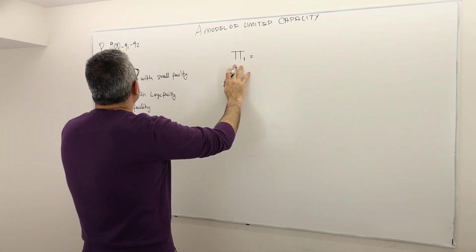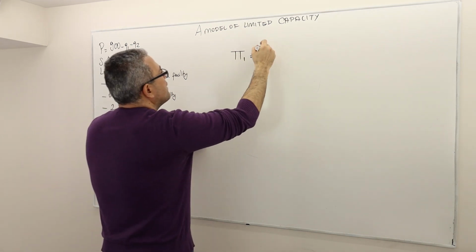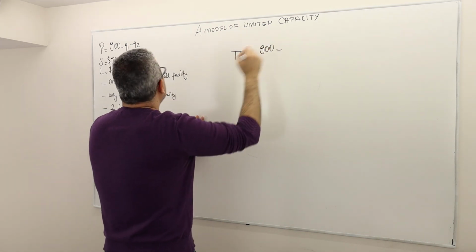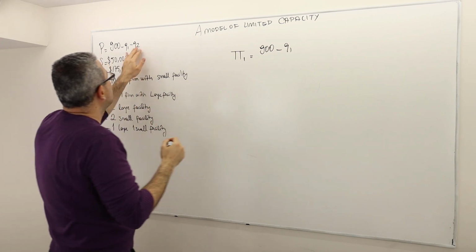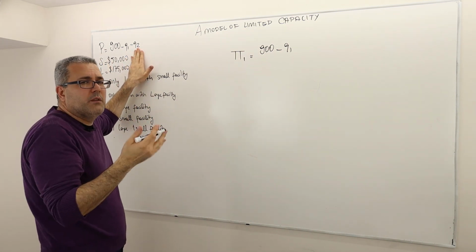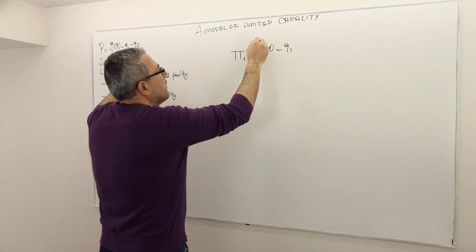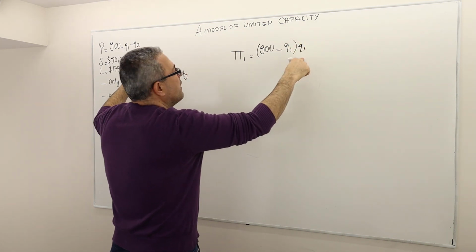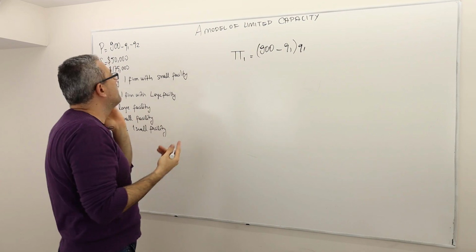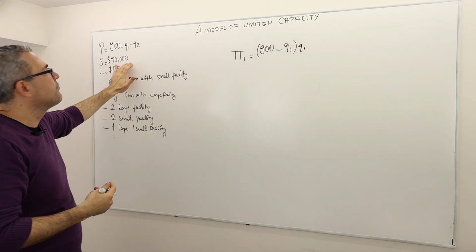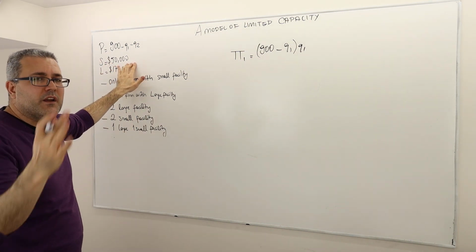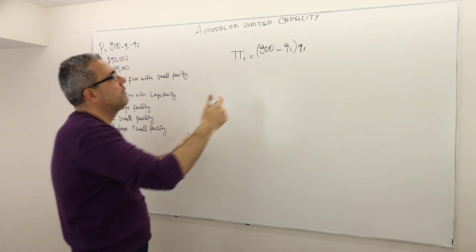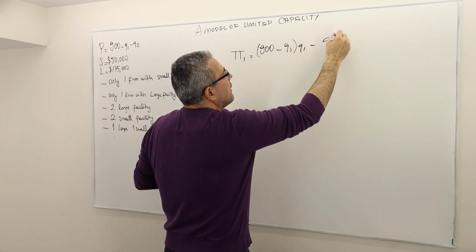So pi 1 is what? Price times quantity. So (900 minus Q1 minus Q2). Well, Q2 is 0, right? Because there is no firm 2 in this market, in this industry, times quantity of firm 1, minus no variable cost. But don't forget, there is a fixed cost of $50,000.